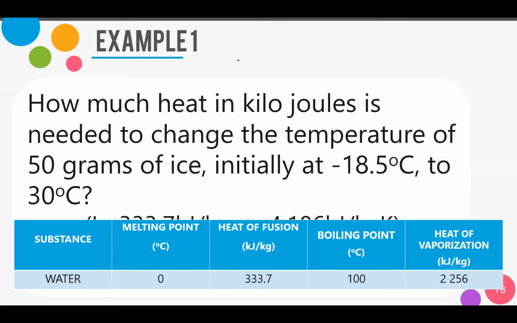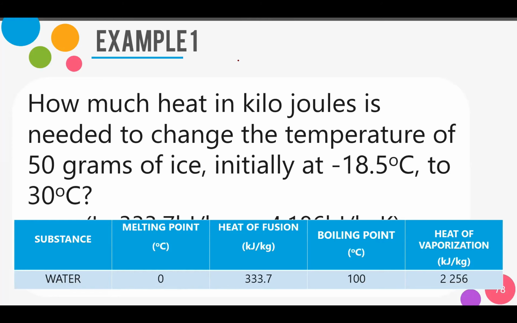So after we solve for that heat absorbed, the next, since nag-continue pa rin sa pag-increase ang kanyang temperature up to 30 degrees Celsius, solve na naman natin yung kanyang heat absorbed from its melting point, which is 0 degrees Celsius, up to its final temperature, which is 30 degrees Celsius, using the specific heat, or yung M times C times delta T.